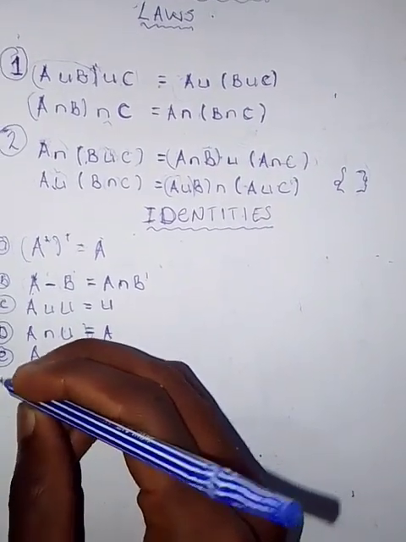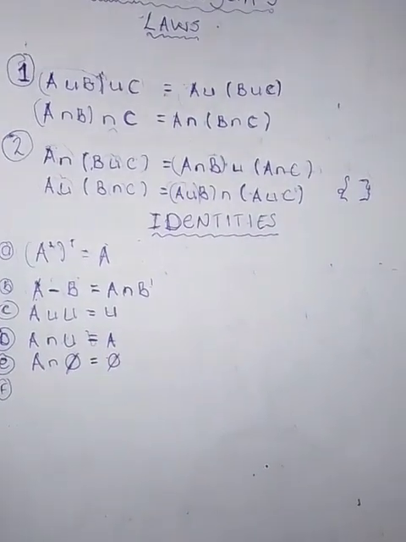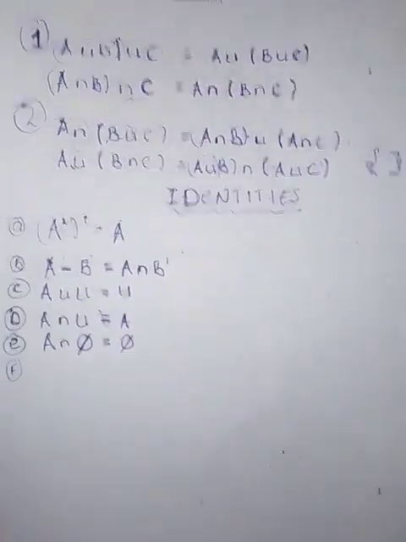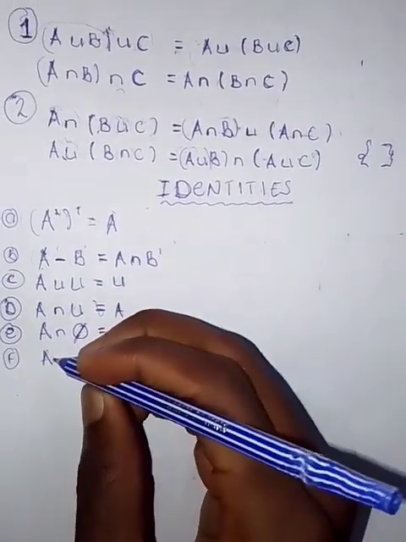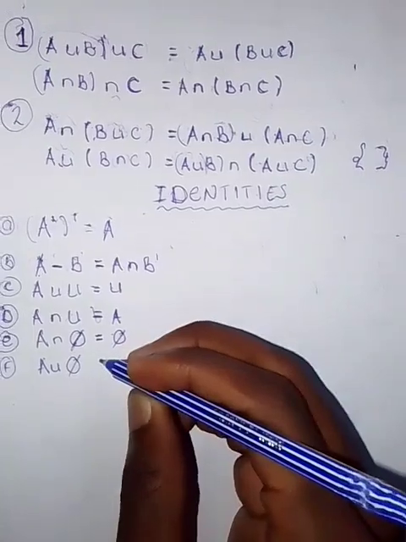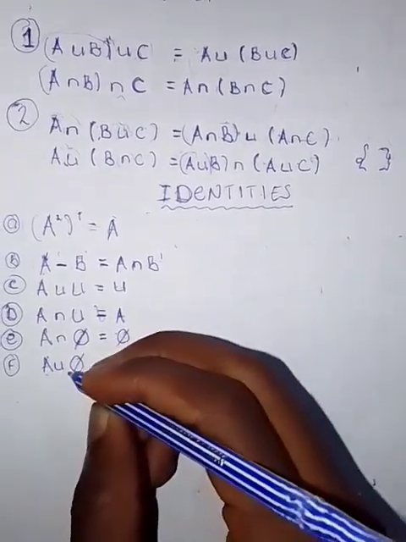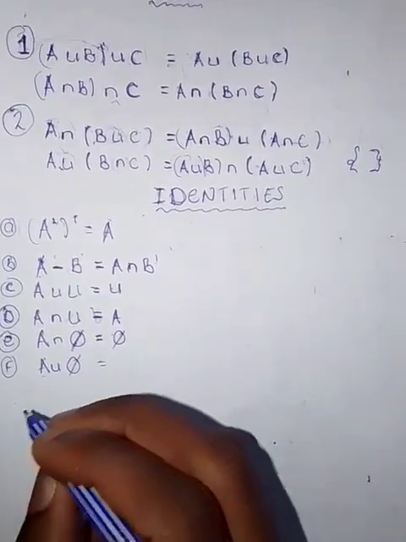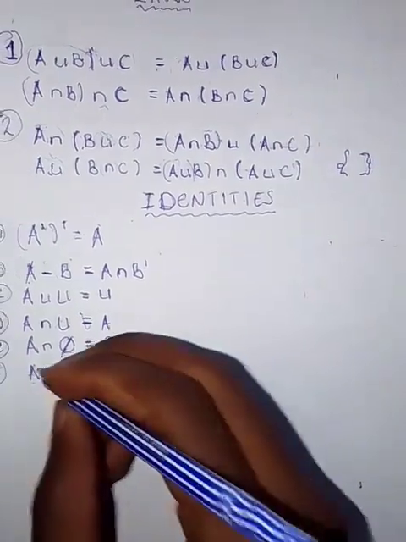And then F says that if you unite a set with an empty set, a union of a set and an empty set, you are still going to get the set itself.